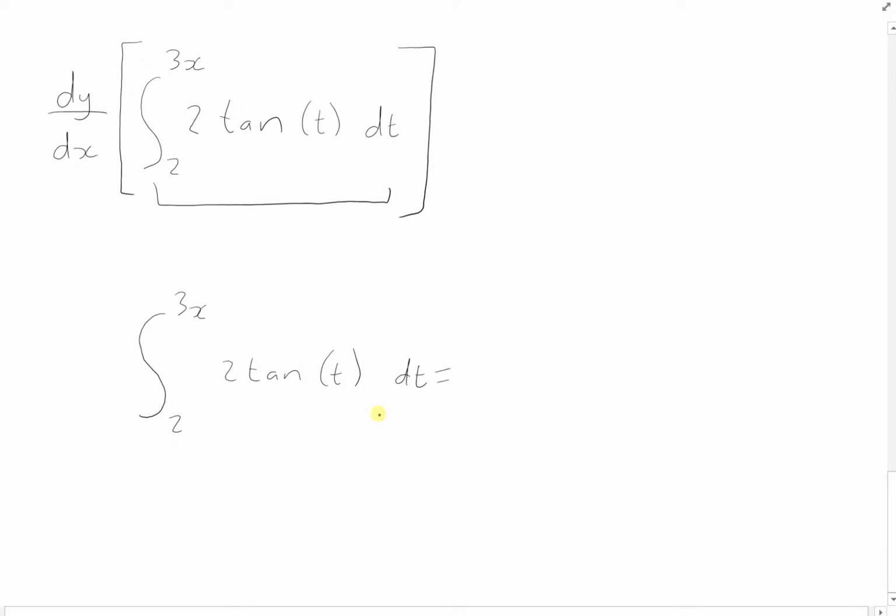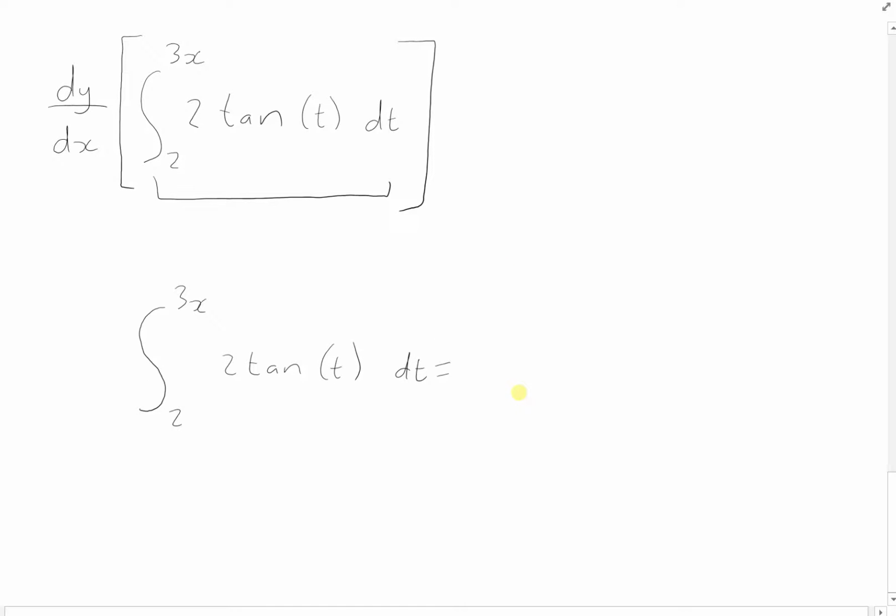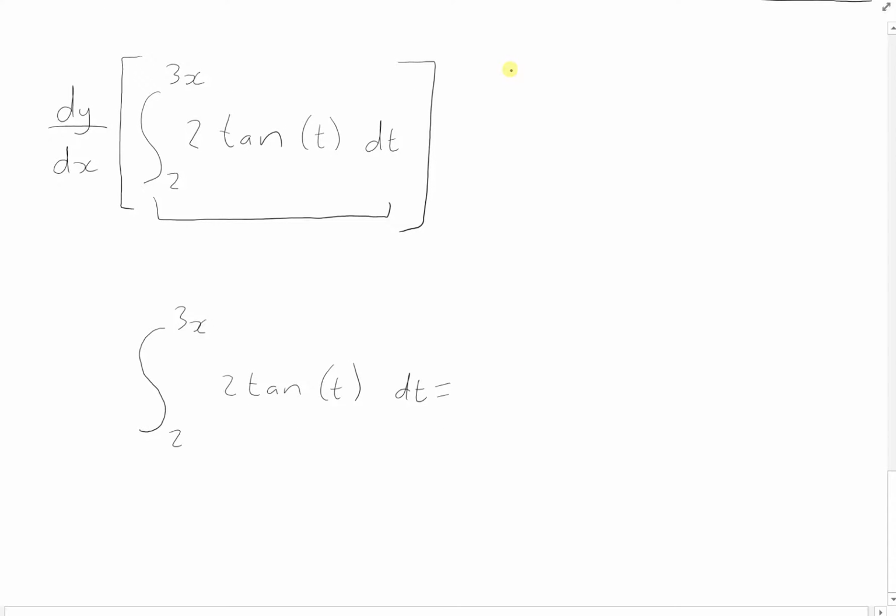I've written down the integral and my problem down here. So first things first, do you know of anything that will give us tan? Like the derivative of a particular trig function that'll give us tan. Let's look. The derivative of sine of x will give us cosine of x. The derivative of cosine of x will be negative sine of x.